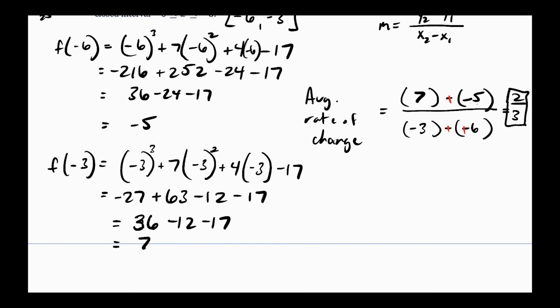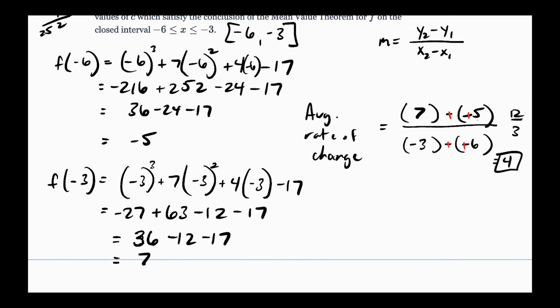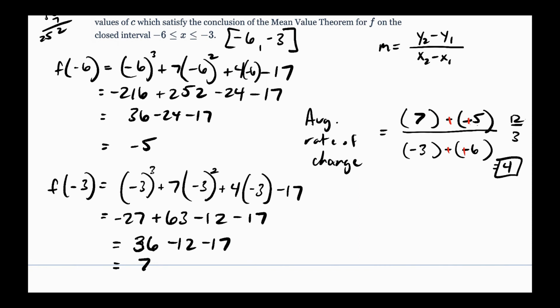Okay, so it's going to be 12 over 3, which is the same thing as +4. So the average rate of change from -6 to -3 is +4.